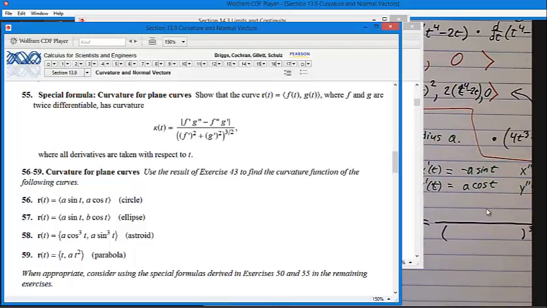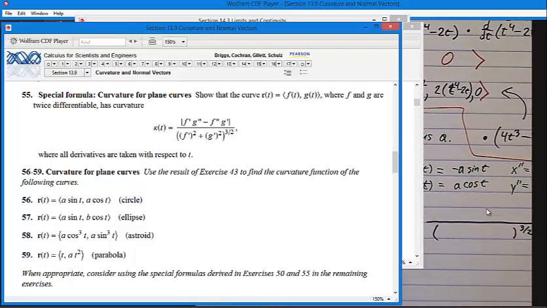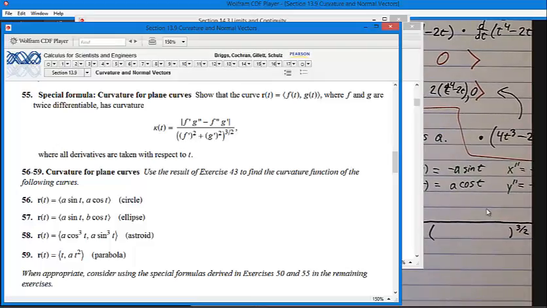And I guess the numerator has absolute values. It's just that instead of f's and g's, we have x's and y's, right? So it's f prime g double prime, so for us, that would be x prime y double prime. All right, so here I go.